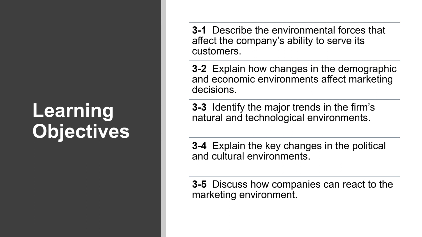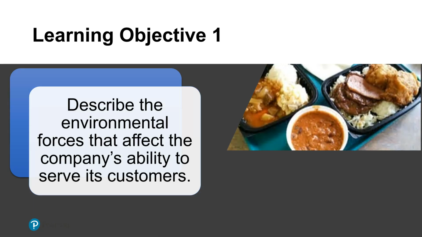Number 3 is identifying natural and technological environments and how they impact marketing. And last but not least, explaining political and cultural environments. Objective number 5 is something we'll be talking about throughout the entire presentation, which is how to react to these environmental changes. There are 3 ways to do that, and we'll go over that in a little bit.